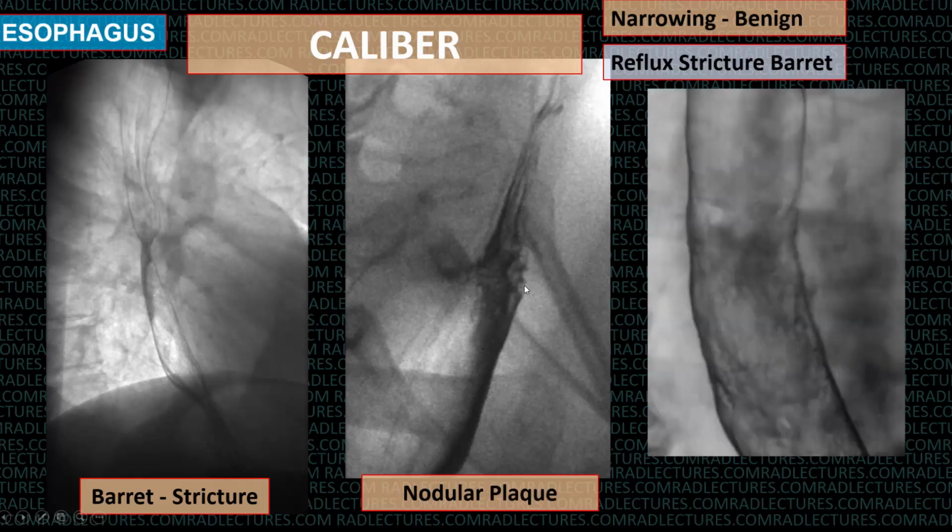And rarely, it shows this tiny reticular pattern, which is very similar to the area gastricae of the stomach. Now, these two patterns are rare, but this is not seen uncommonly. This is seen quite often. But whenever you see a patient with reflux disease and there is a stricture away from the distal end, consider Barrett's stricture.